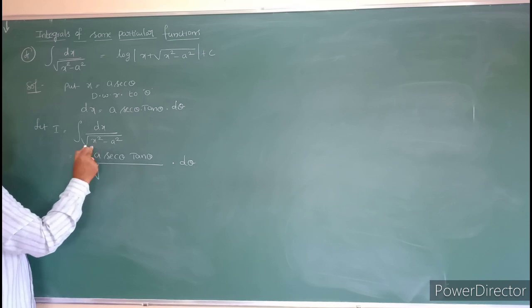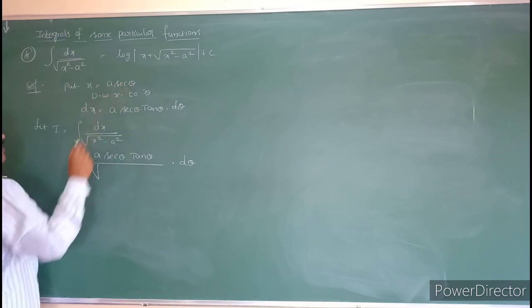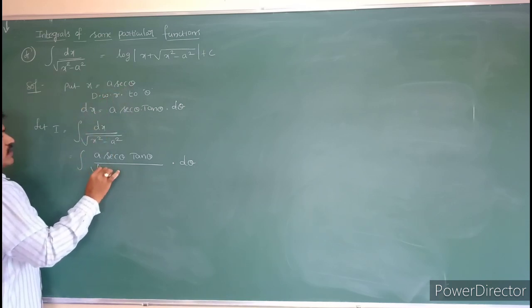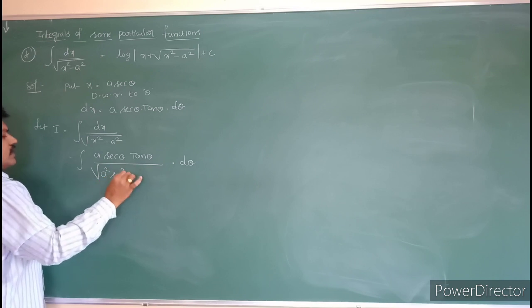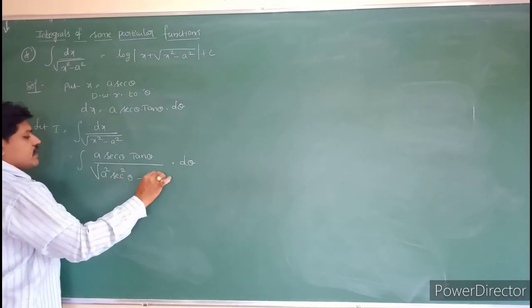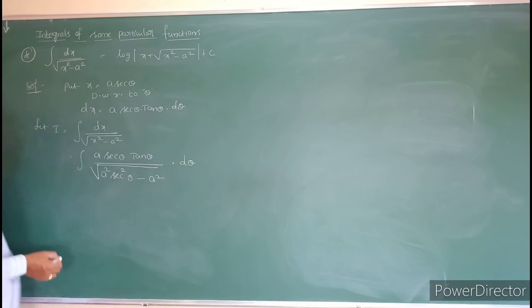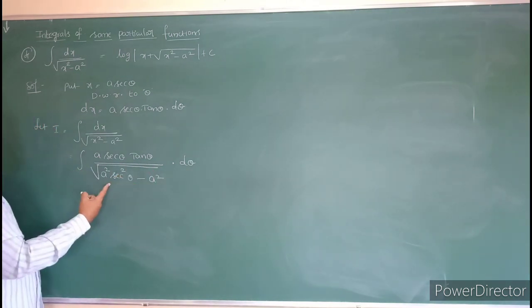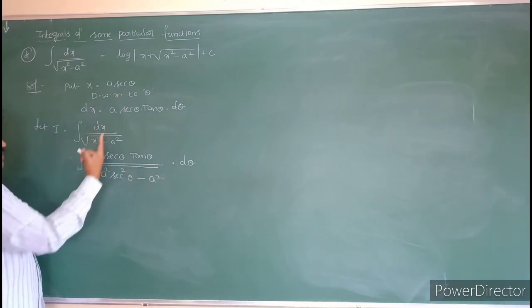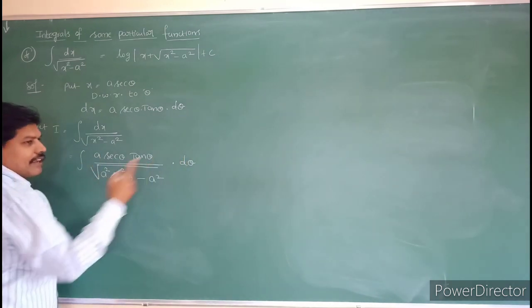What is the root of x square minus a square? The x value is a secant theta, so a square secant square theta minus a square. In the place of x, just replace a secant theta, and in the place of dx, write a secant theta tan theta into d theta.